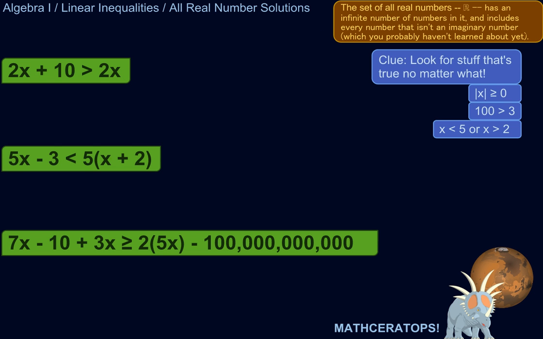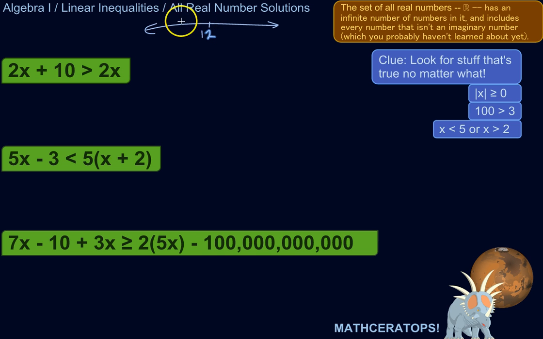So what does that mean? If we were going to graph the solution set to an inequality whose solution is all real numbers, then what would that look like? You have your number line here, and you could pick any number, let's say 12.